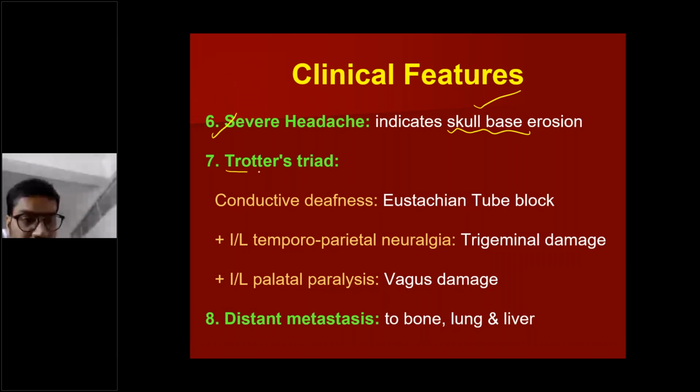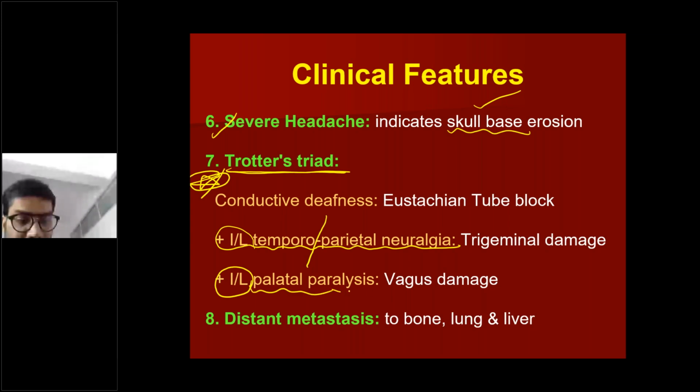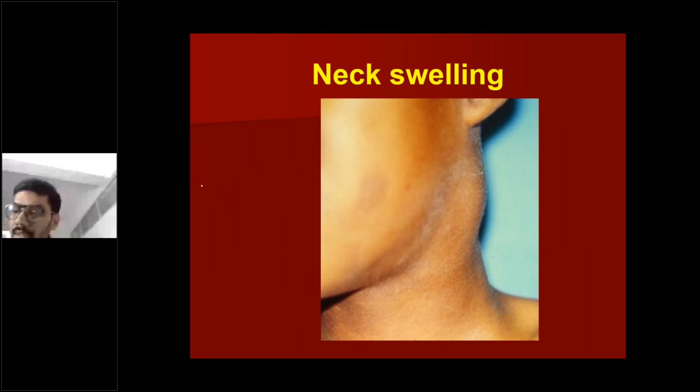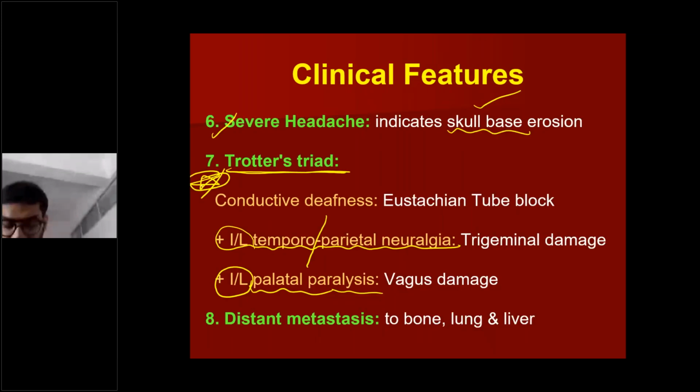Skull base erosion. So what is Trotter's triad? Very important for our UG exam is Trotter's triad. Ipsilateral temporoparietal neuralgia, ipsilateral palatal paralysis, and conductive deafness.